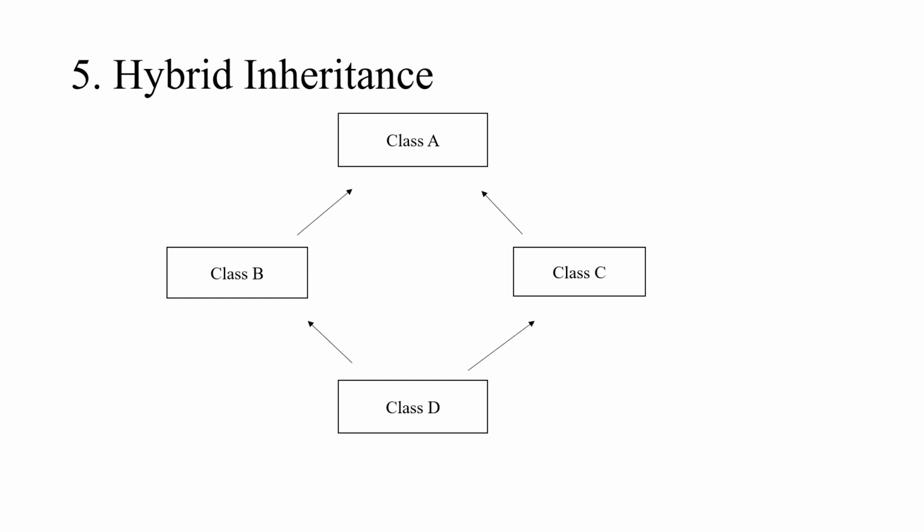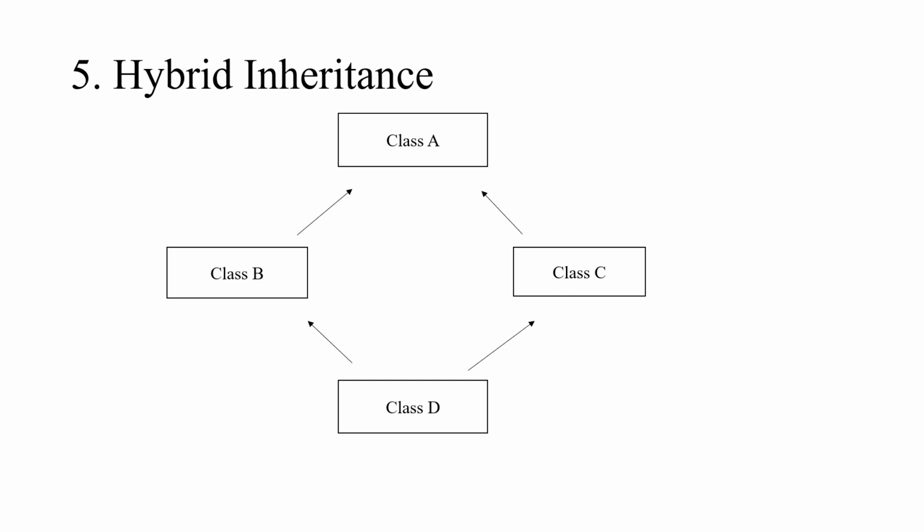The last one is hybrid inheritance. The combination of more than one type of inheritance is known as hybrid inheritance. Inheritance is implemented by combining more than one type of inheritance.